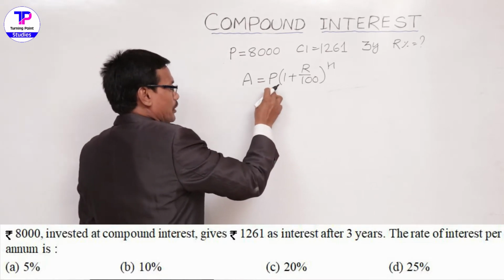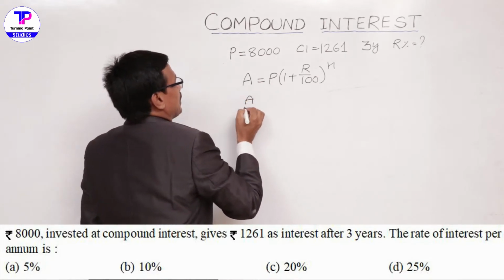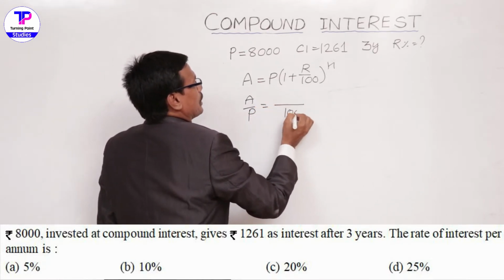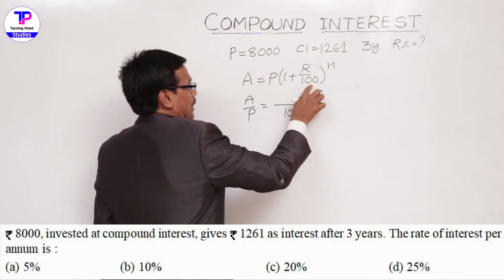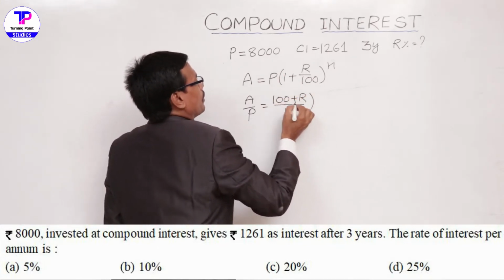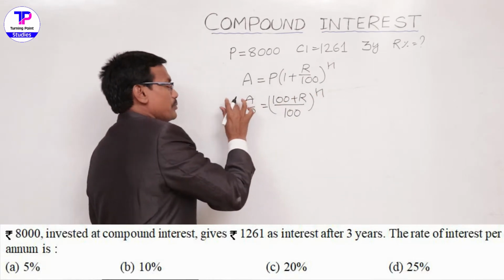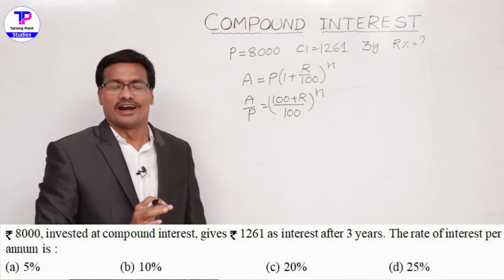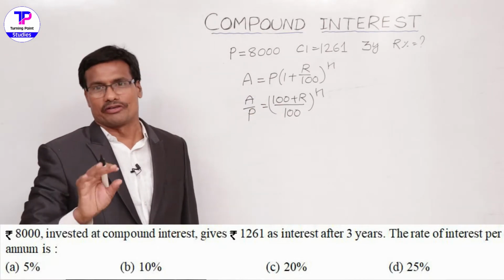If you bring P to this side, that means A by P is equal to (100 plus R by 100) whole power N. Here A means amount, P means principal, R means rate of interest, and N means number of times or number of years.